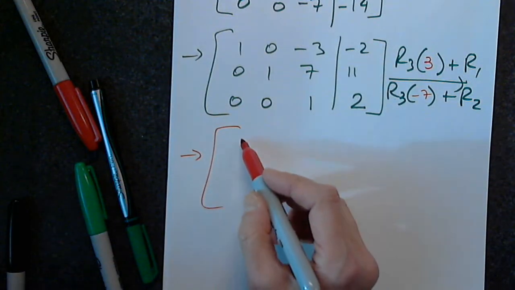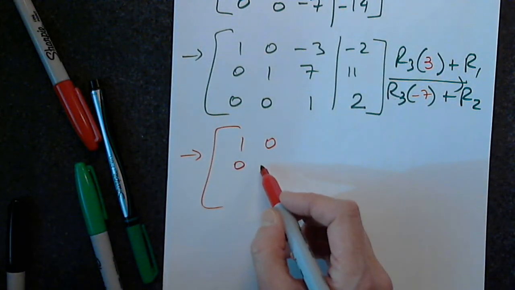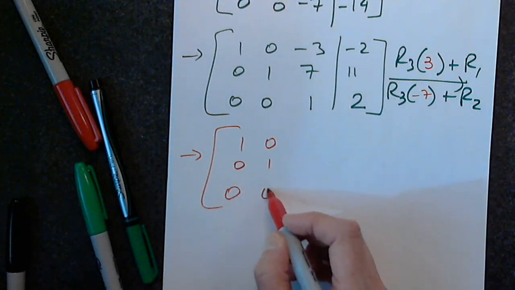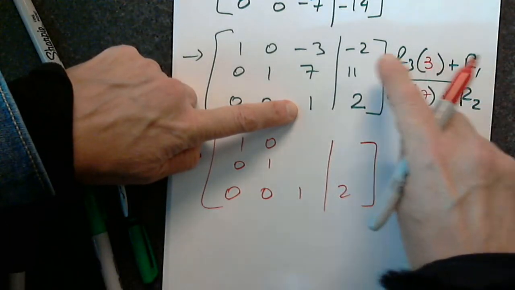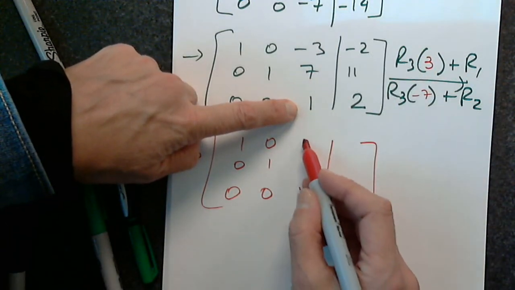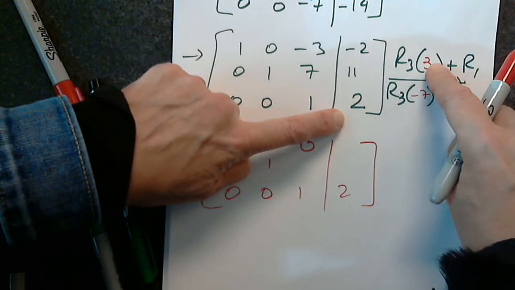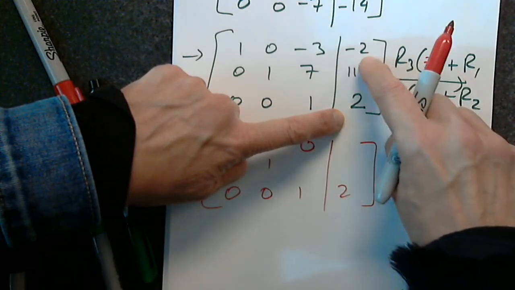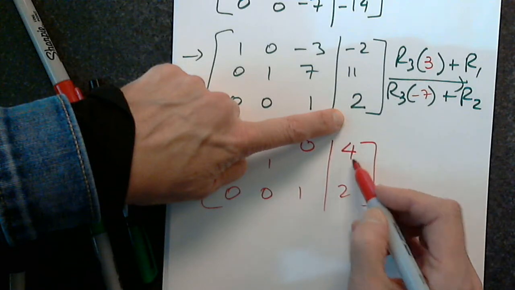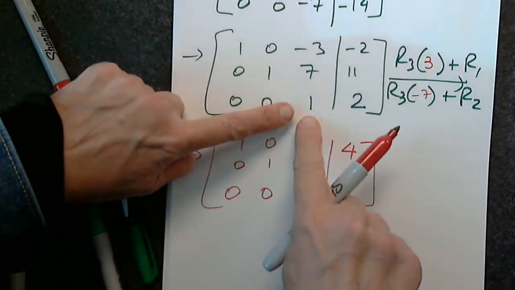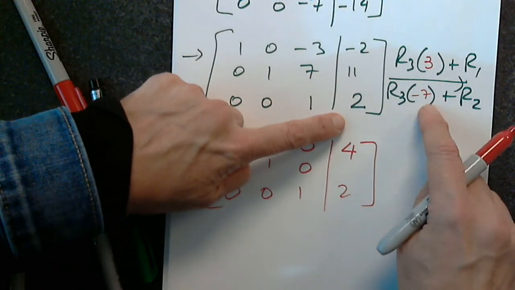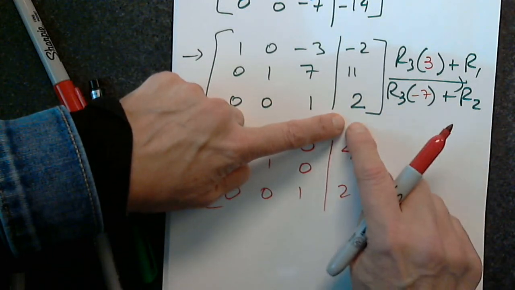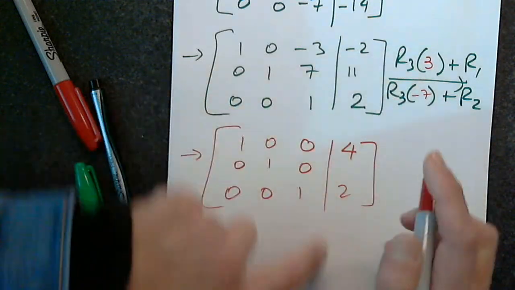So 1, 0, 0, 1, 0, 0, 1, 2. Final step. 1 multiplied by 3 minus 3. 2 multiplied by 3, 6 minus 2, 4. 1 times negative 7 plus 7. 2 times negative 7, negative 14 plus 11.